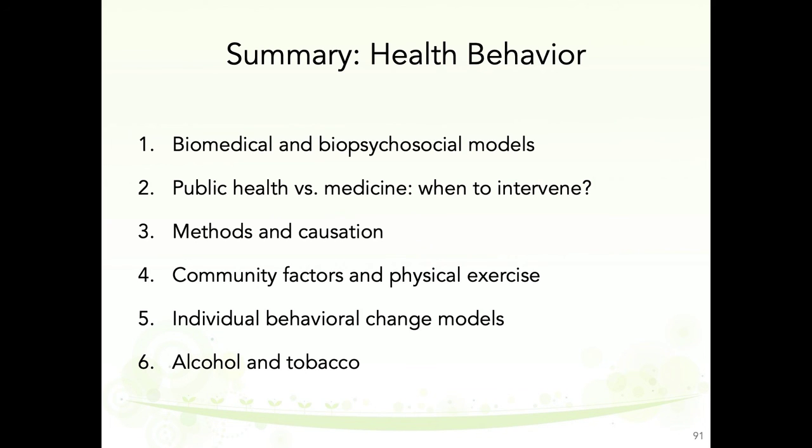Those are terms that would be useful to remember and what they can imply about causation. We talked about physical exercise and community level factors like poverty. We moved on to discuss some of my favorite behavior change models. And if you want to look back and also compare to the theory of planned behavior, that would be useful. And we ended with alcohol and tobacco, which are major sources of preventable injury and death.